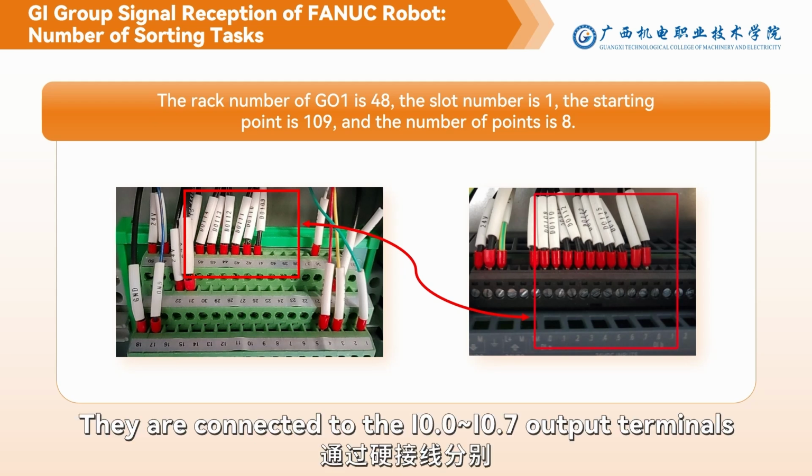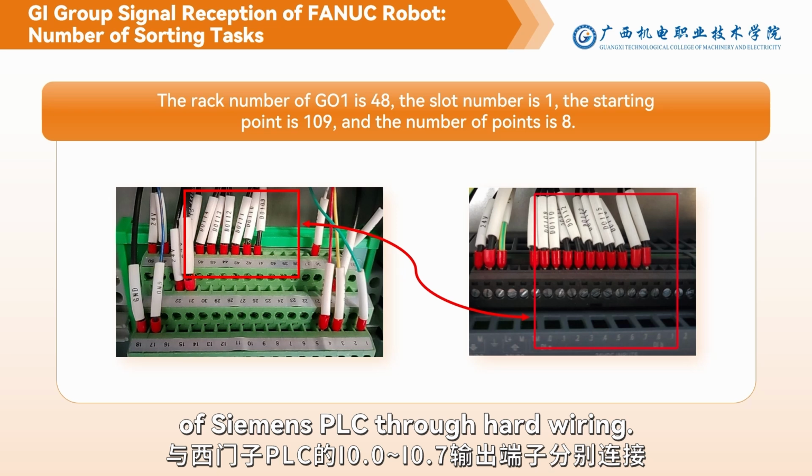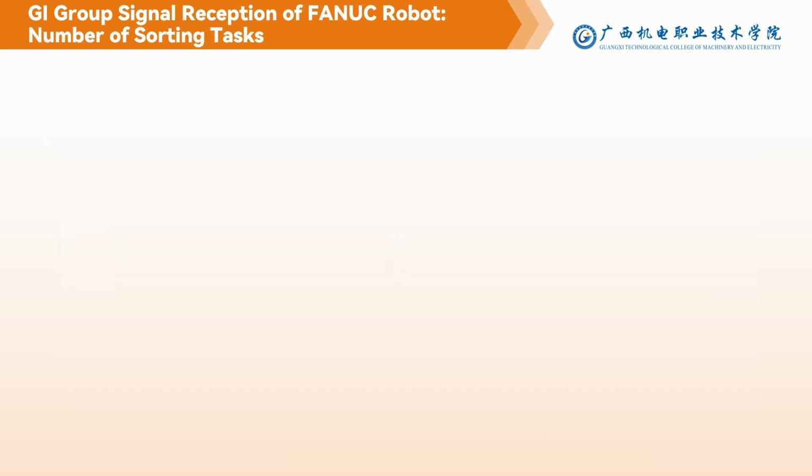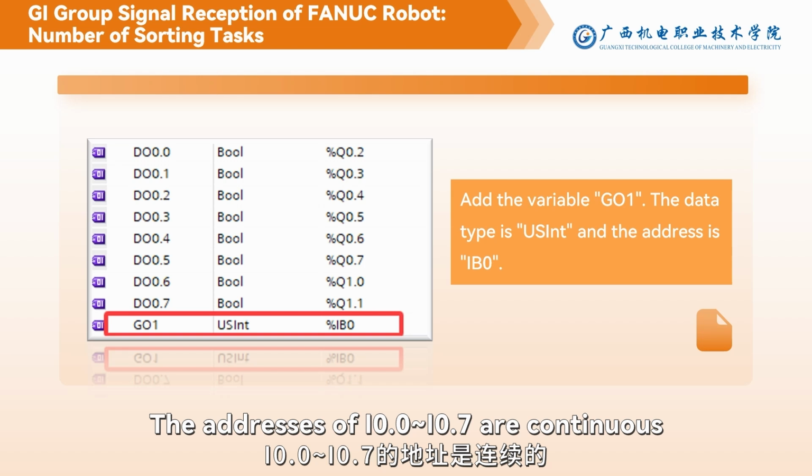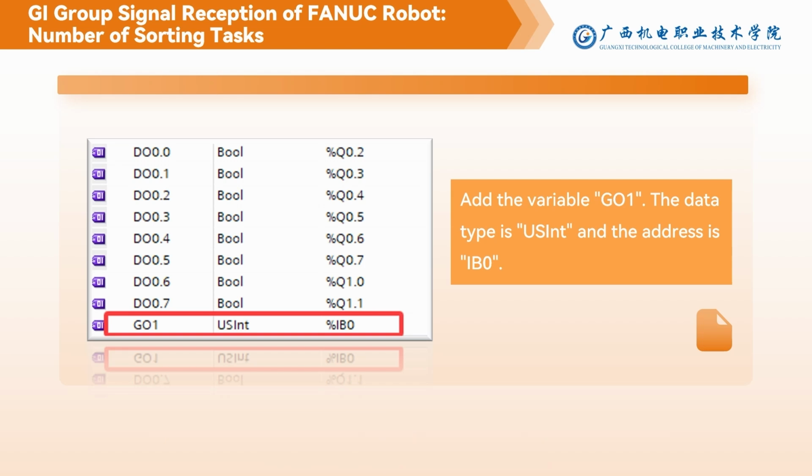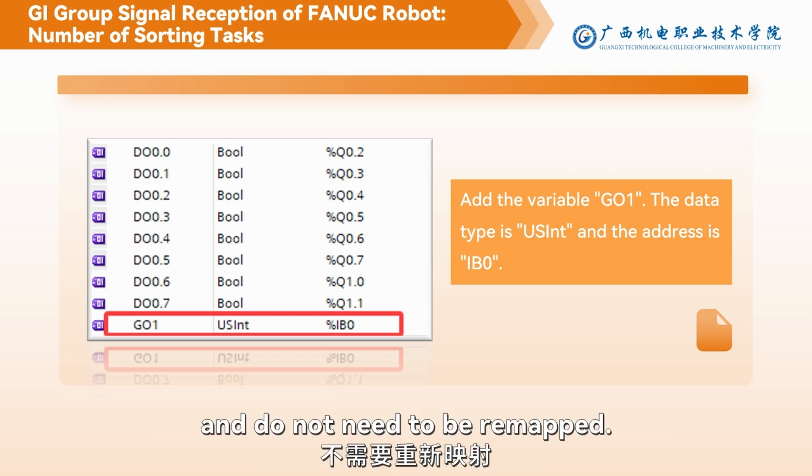They are connected to the I0.0 to I0.7 input terminals of the Siemens PLC through hard wiring. The addresses of I0.0 to I0.7 are continuous and do not need to be remapped.